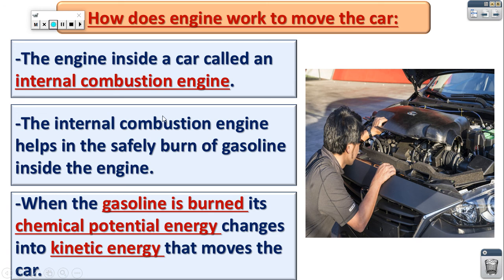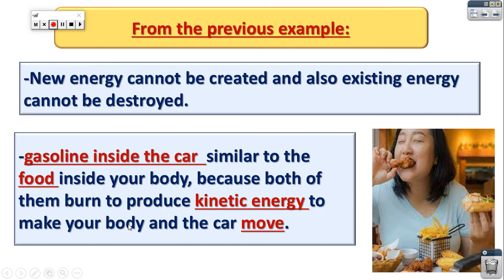So the internal combustion engine helps in safely burning gasoline inside the engine and prevents the car from burning. When the gasoline is burned, the chemical potential energy changes into kinetic energy or mechanical energy that allows the car to move.